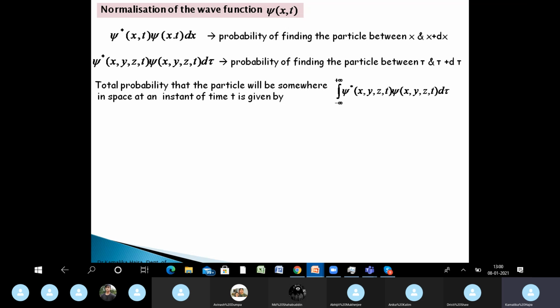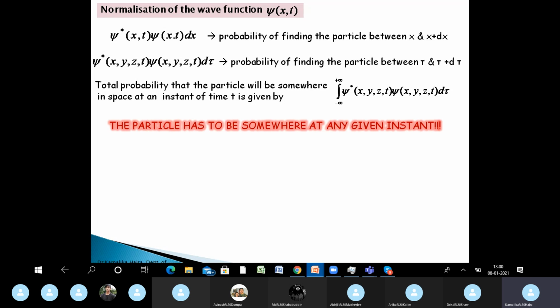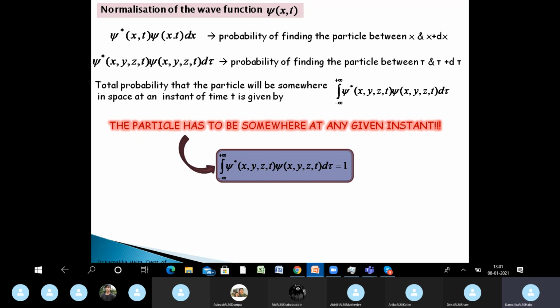So this is the probability that the particle exists somewhere in the three-dimensional space available. But the particle has to be somewhere. If you are talking about a particle, then it has to be somewhere between minus infinity and plus infinity at a particular instant, right? Which means that this total integration must be equal to 1.